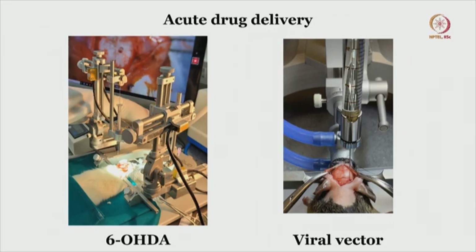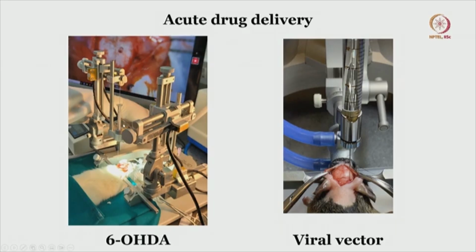Here is an example where the 6-OHDA, this is the 6-hydroxydopamine, which is an excitotoxic drug used to create a Parkinsonian model, which we will be discussing in the next few sessions. Various models, how to create various models. In the last session we discussed the creation of a stroke model, and here is an example where a Parkinsonian model can be created by using what is known as a Hamilton syringe.